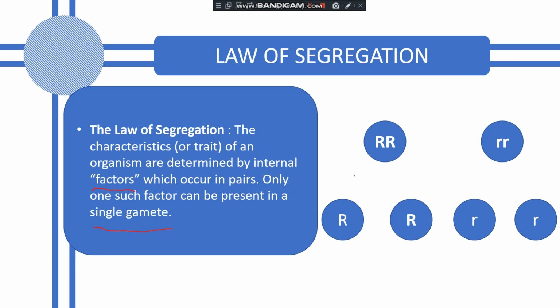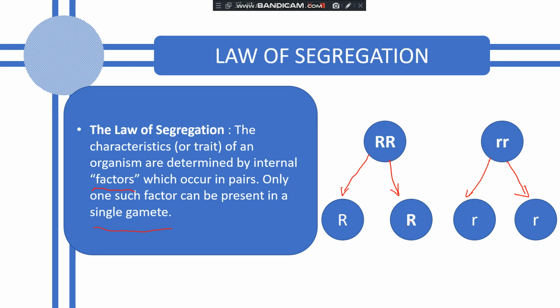When the gametes are formed, in each gamete only one factor goes, you can see. So each gamete has only one factor, you can see over here also. The alleles, at that time known as factors, segregate themselves.